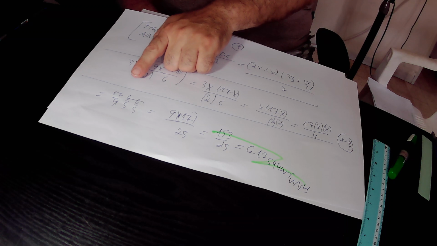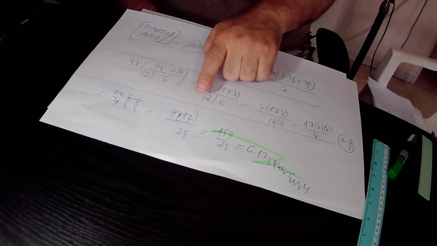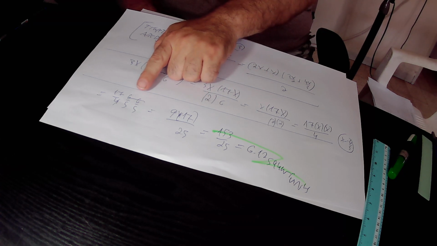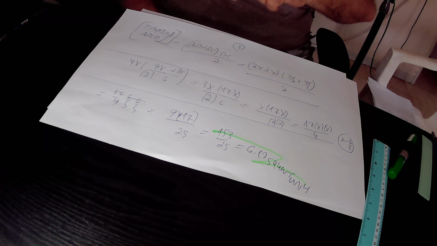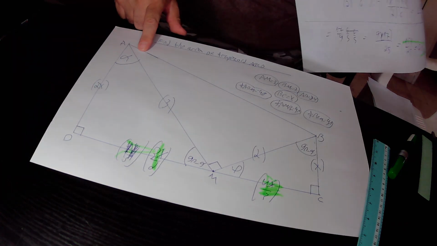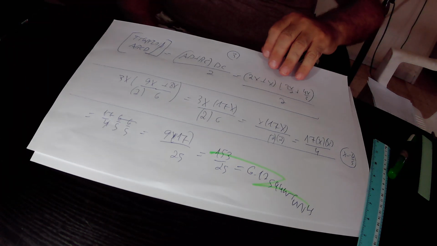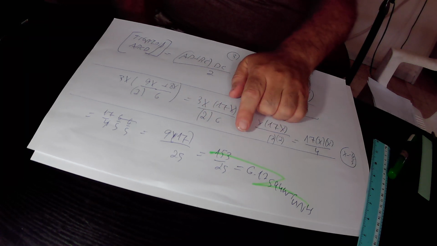And we are left with 17, that is 9 times 17, and in the denominator we have 5 times 5, that is 25. So in total, the area of this trapezoid ABCD is equal to 9 times 17, which is 153 over 25.